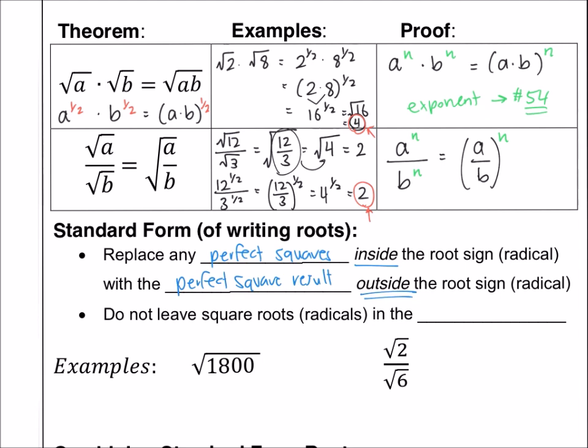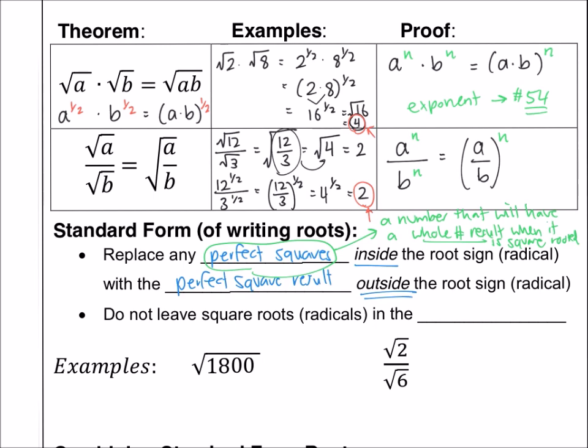What I mean by perfect squares is a number that will have a whole number result when it is square rooted.